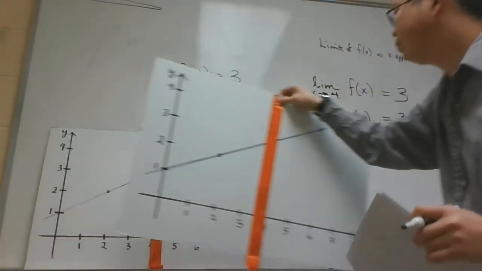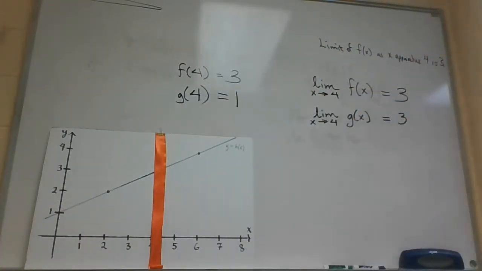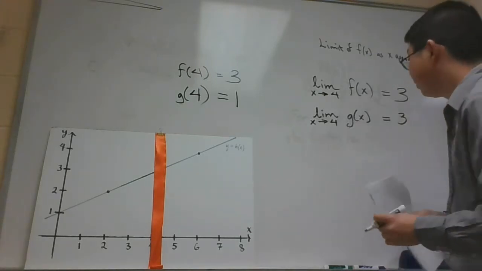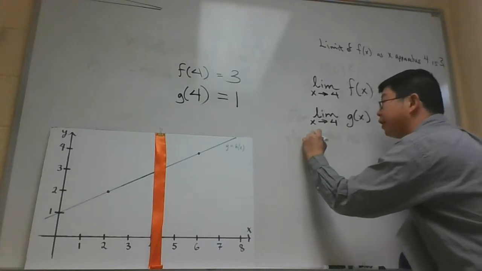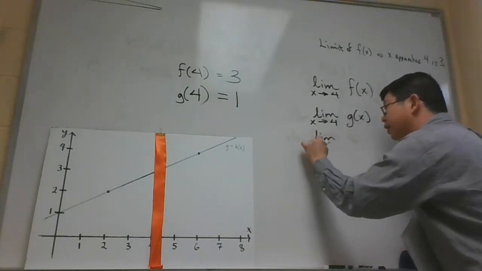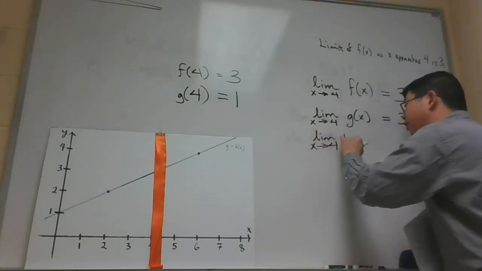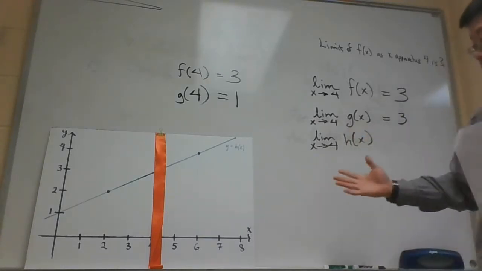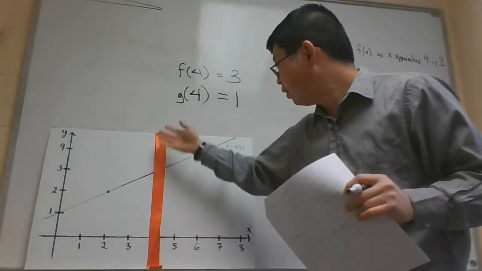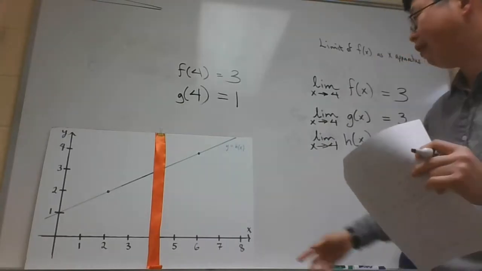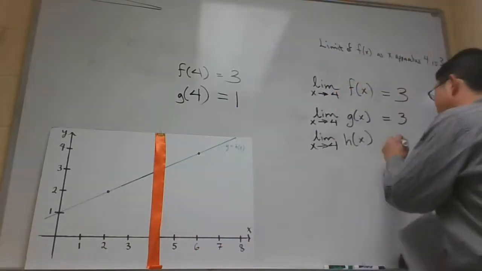One more. Here's a function called h of x. And we have here the limit as x approaches 4 of h of x. So what would be the guess? The guess for the y value would again be 3.